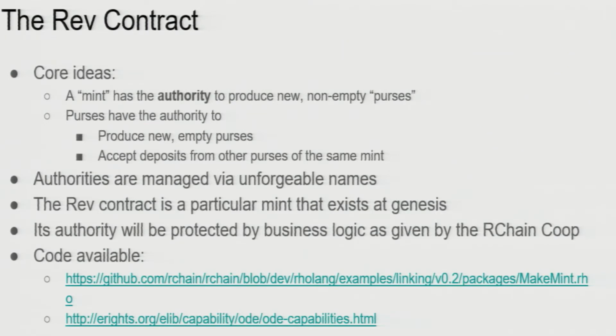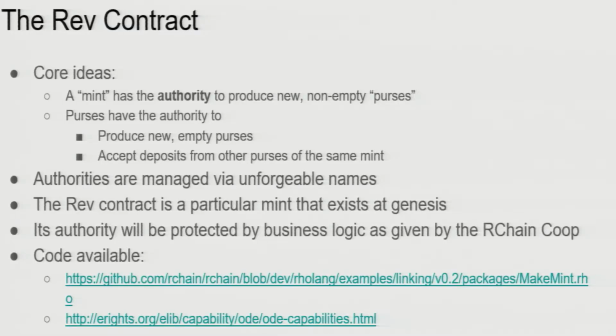And that's what the next bullet is, that the authority to the rev mint is going to be very important. We can't just have any old person printing off money, right? So the authority to the rev mint is going to be delegated based on some business logic that the co-op gives us, right? Maybe there will be multiple signatures or something along those lines, but there will be a security aspect there. There will probably also be something built into the proof of stake about rewarding validators with new tokens, that kind of stuff.